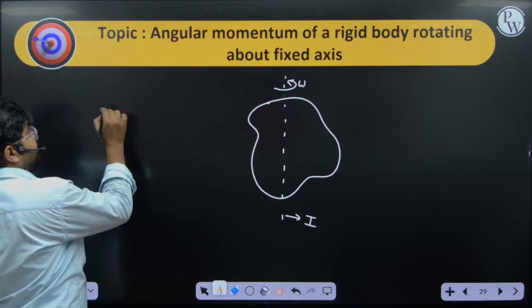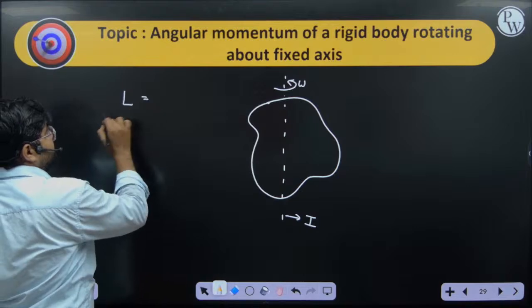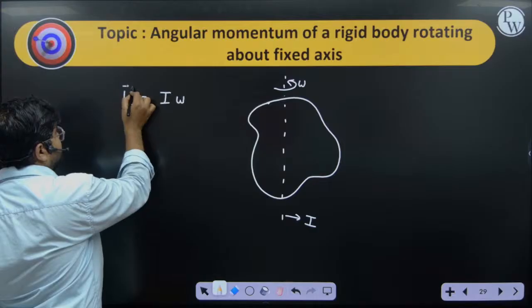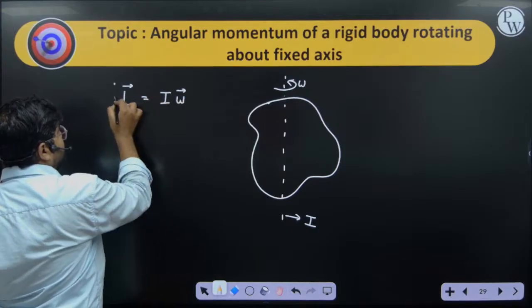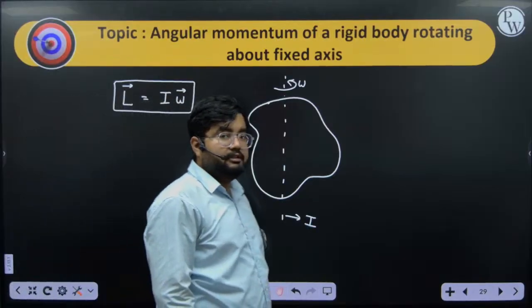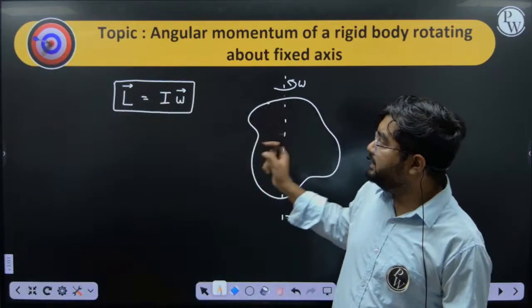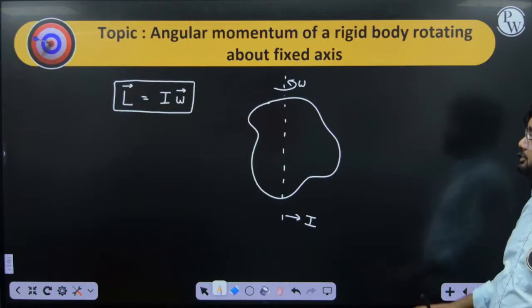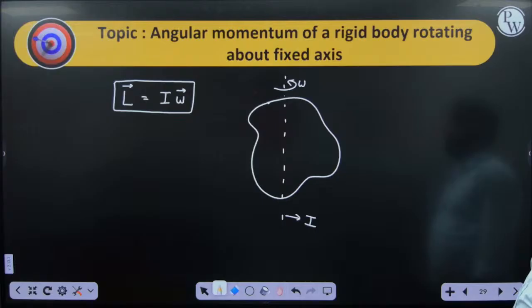So its angular momentum about that axis is defined as I omega. This is another way to write angular momentum. Usually it is used for a rigid body, continuous mass distribution.